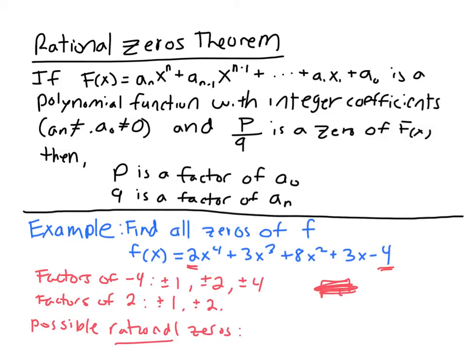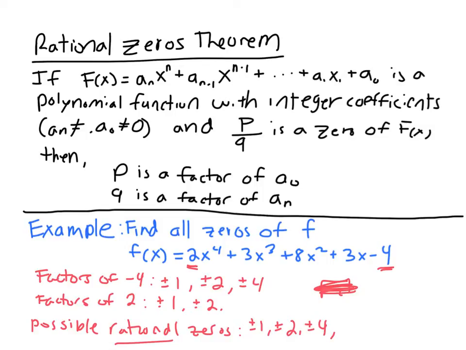So possible rational zeros then. What I'm going to do is take these numbers and divide them by all the combinations of these numbers. So all these numbers divided by 1 are just going to be themselves again. So that's going to be plus or minus 1, plus or minus 2, plus or minus 4.